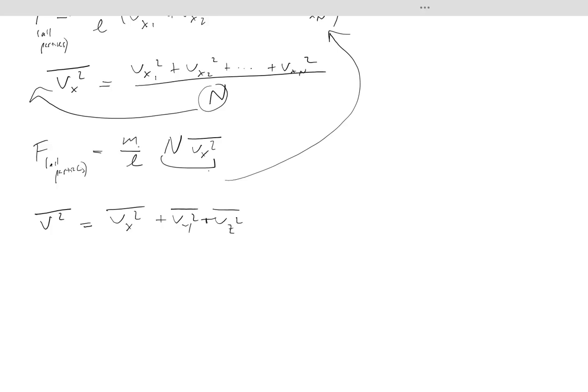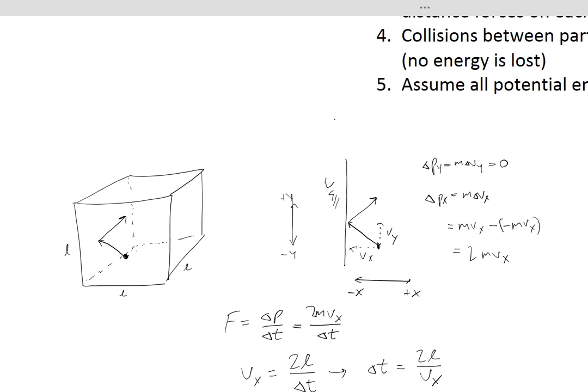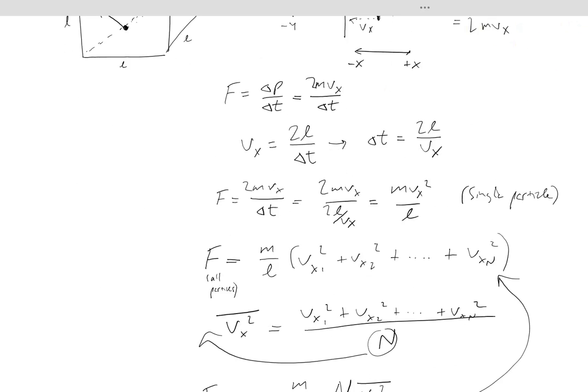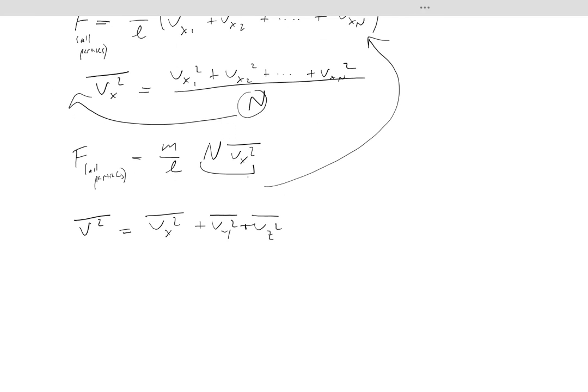But since this is random, and we could flip our cubical box any which direction, because remember, it's just a cube, and I picked one side of it, I could rotate this. It doesn't really matter which side. That's all arbitrary. So I could say that the average of the square of all the speeds is just 3 times the average of the square of the x component of all the velocities.